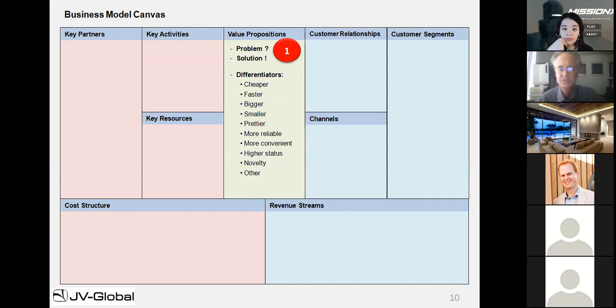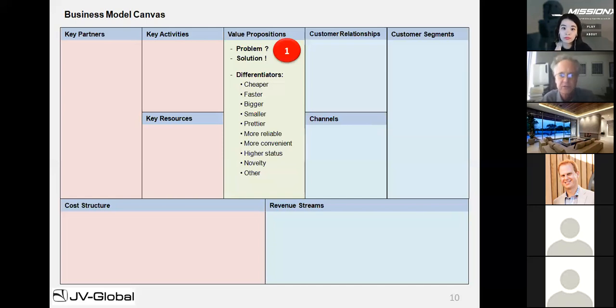What's the problem that my product addresses, and how am I going to do that? The key takeaway here is to not just list your product or service by name, but to start thinking down to the next level of how is my product different from anybody else's out in the market.